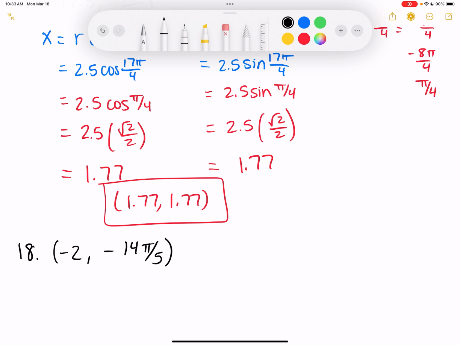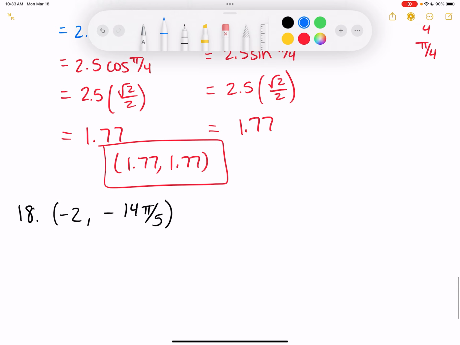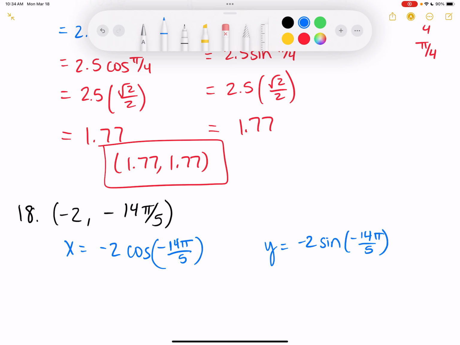No. So I'm just going to plug this one in and type it in my calculator, but make sure you're in radian mode to do that. So x equals -2 cosine of -14 pi over 5. And y is -2 sine of -14 pi over 5.